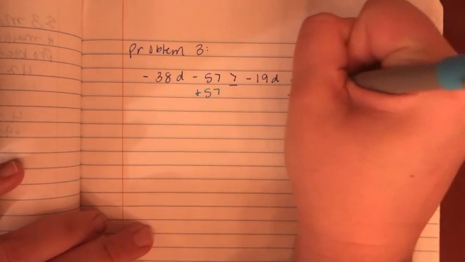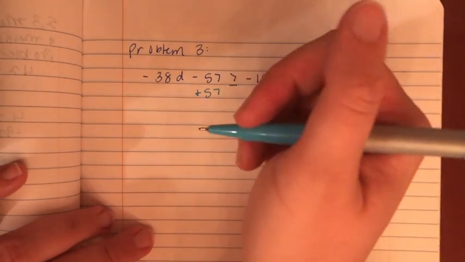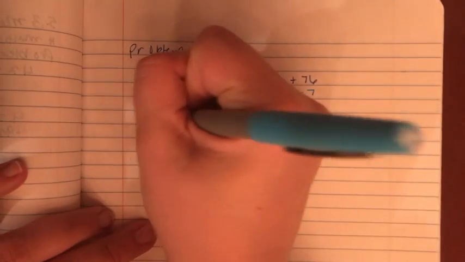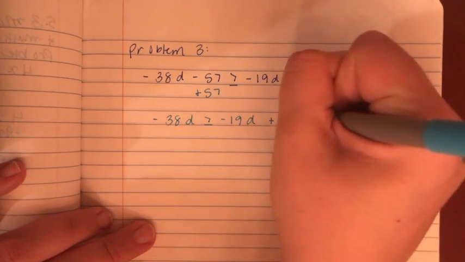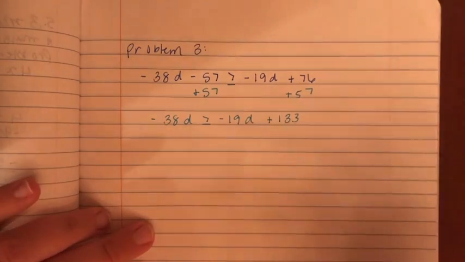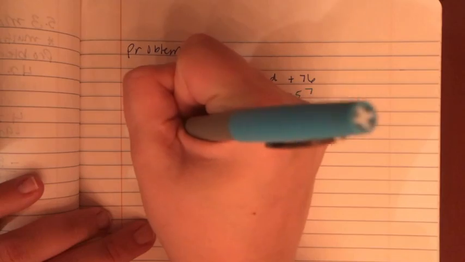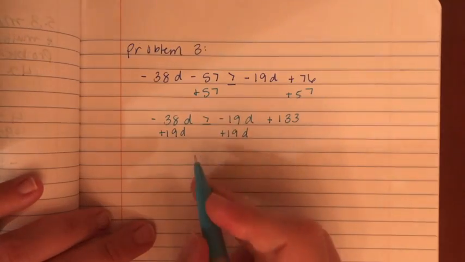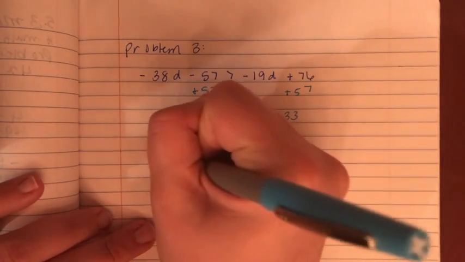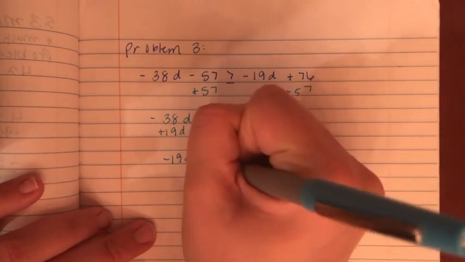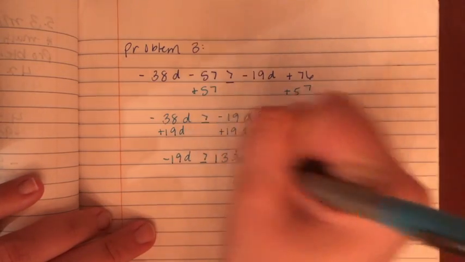I'm going to add 57 to both sides, and that leaves me with negative 38d is greater than or equal to negative 19d plus 133. Now I'm going to add 19d to both sides, and here I get negative 19d is greater than or equal to 133.